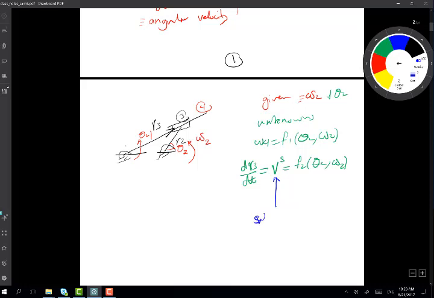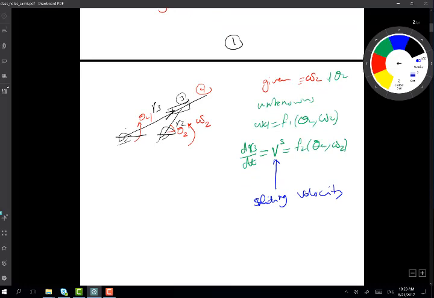So this is sliding velocity, and it tells me how fast the slider slides on link number 4. So it's not the absolute position of link number 3, and not the absolute velocity, I mean.